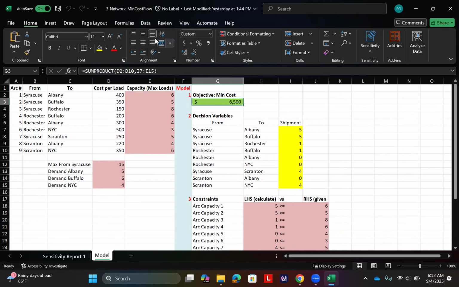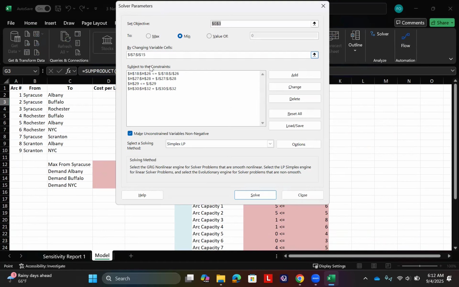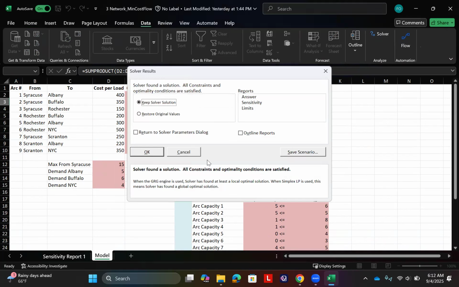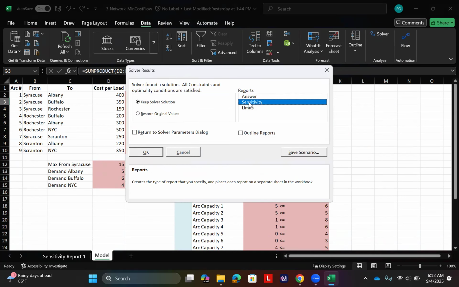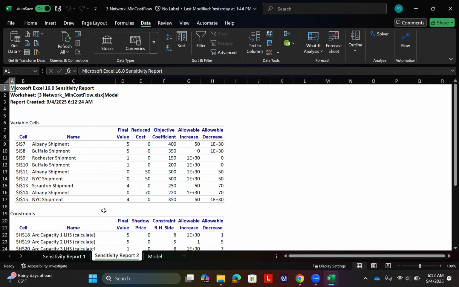So again, if you run this model, data, solver, you can see the objective is the green cell, minimize, and decision variables are yellow cells, and we put all the constraints here, and when we solve this problem, we can create sensitivity analysis by clicking on sensitivity and click OK. And that will create a sensitivity report that looks like this.